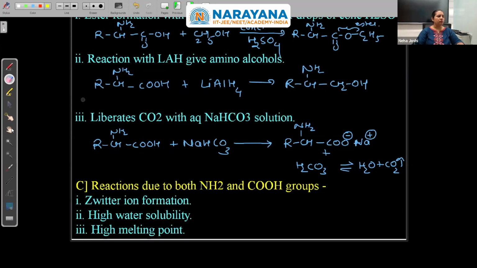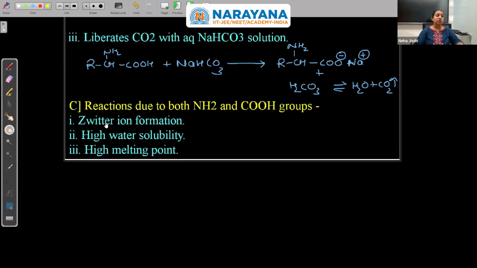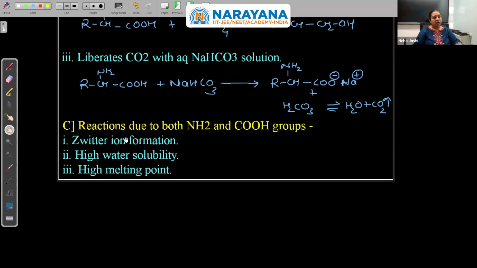That also we know. It liberates CO2 with NaHCO3, nothing new. All carboxylic acid reactions. Reactions due to both NH2, so Zwitterion formation, high water solubility, and high melting point. These are the properties which are explained by Zwitterion formation, and Zwitterion is explained by the presence of both NH2 and COOH group.